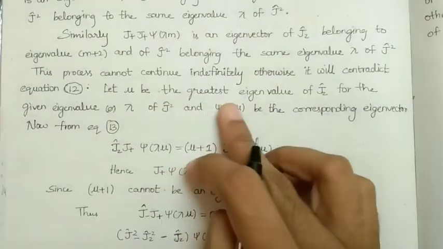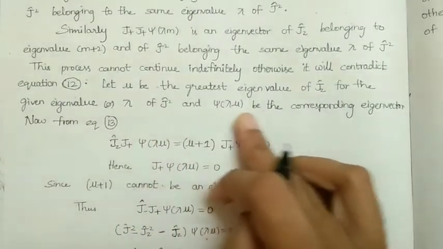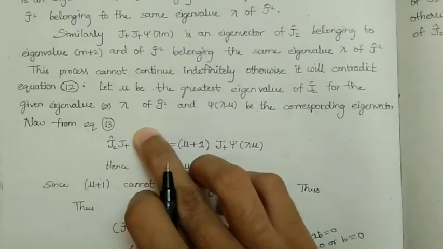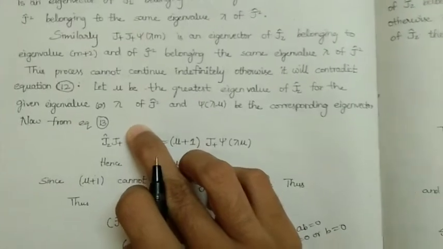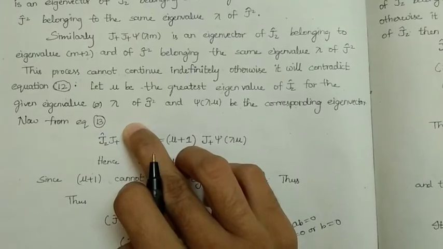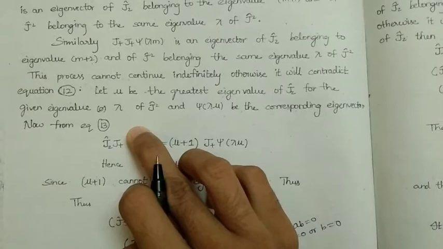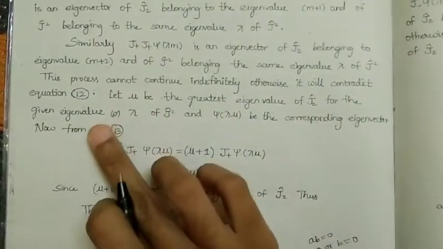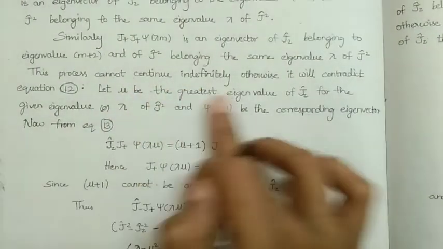And let mu be the greatest eigenvalue of jz for the given eigenvalue lambda of j square, and psi of lambda mu be the corresponding eigenvector. So there would be some particular greatest value. Just as we considered, lambda is 9 and m values 1, 2: 1 square, 1; 2 square, 4; 3 square, 9. So that is the maximum possible value. Beyond that, 4, we cannot take. So we need to consider mu as the greatest eigenvalue of jz.